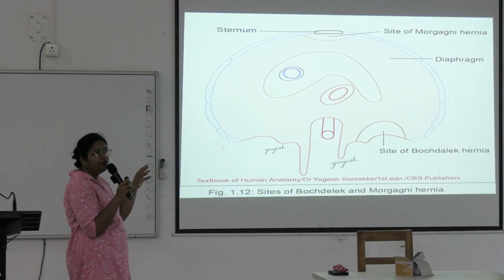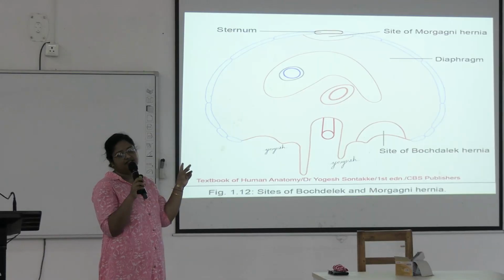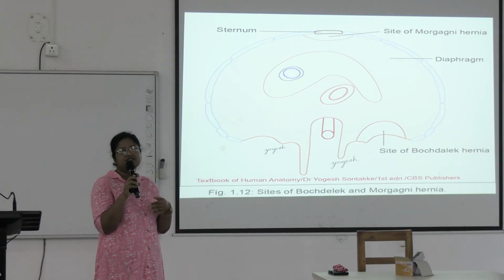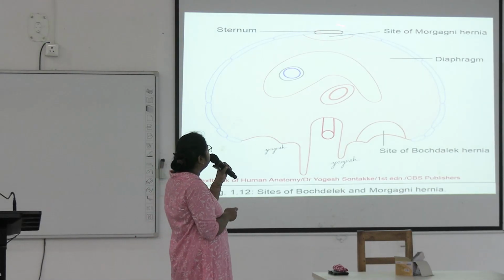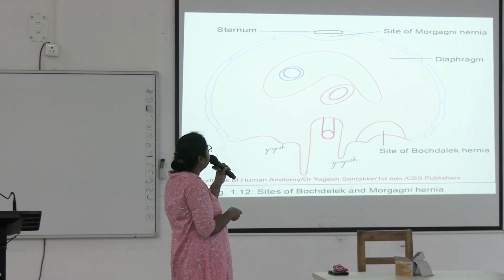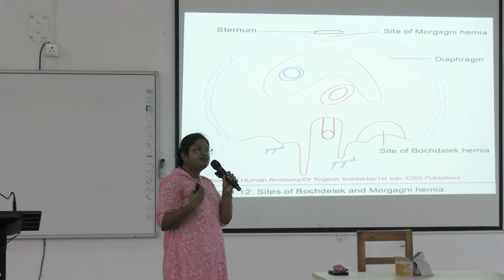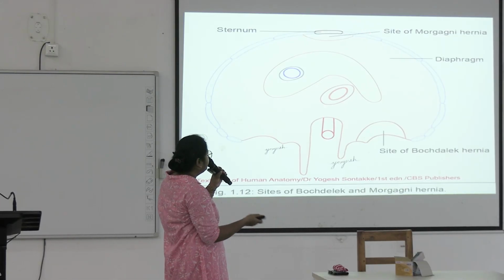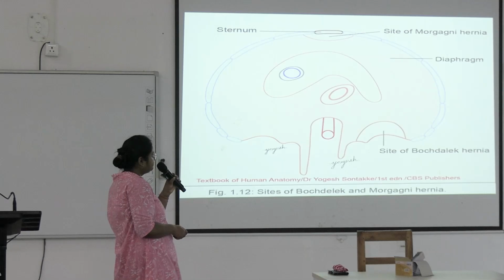Here, the sternal origin of the diaphragm is absent, the slips arising from the posterior aspect of the sternum are absent. The minor openings on the two sides, the space of Larrey and the foramen of Morgagni, are enlarged, and herniation occurs through this opening. And this is also another site of Bochdalek's hernia.